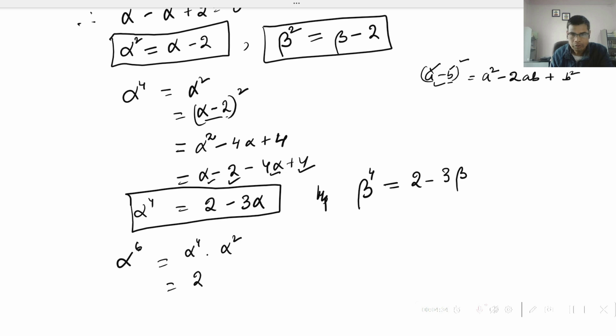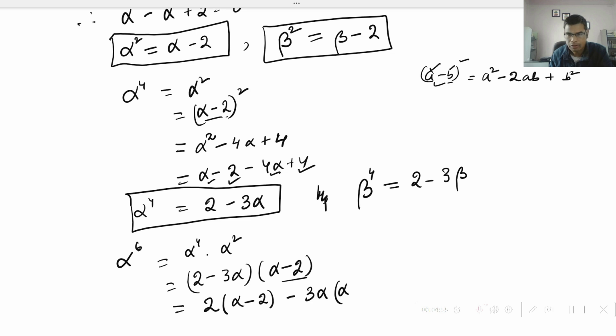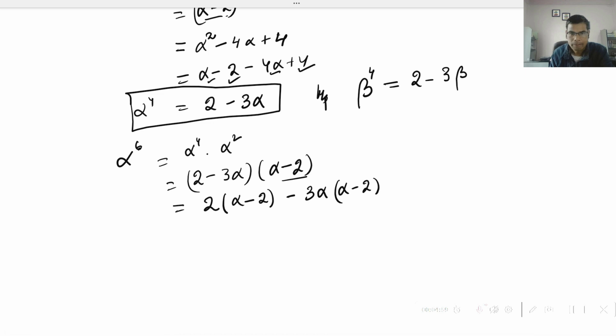Alpha to the power 4 is 2 minus 3 alpha, and alpha square is alpha minus 2. If we expand this, we multiply 2 by the second factor, alpha minus 2, and the second term of the first factor, minus 3 alpha, multiplied by alpha minus 2.